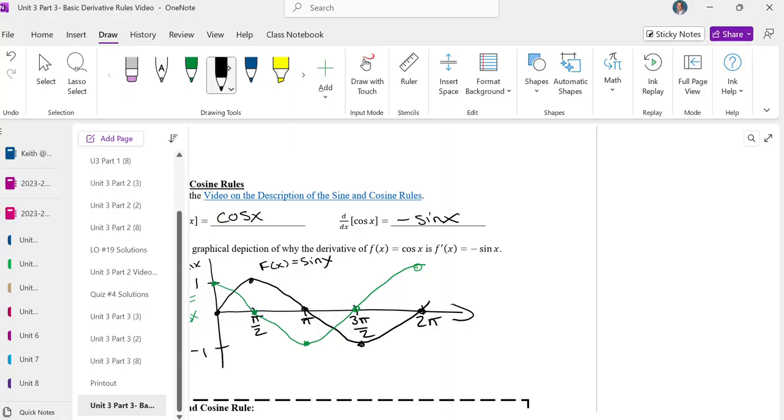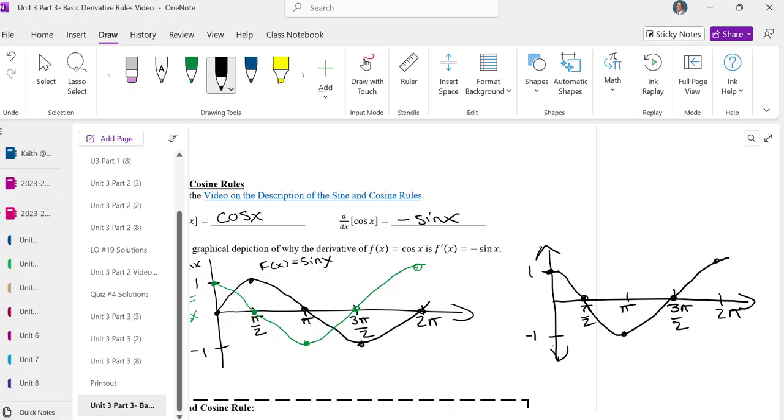And if you want to know why the derivative of cosine is negative sine, we can do the same thing. We draw the graphs. The cosine would look like this. That's the graph of the cosine, and it would go something like that if it kept going, and same thing here.